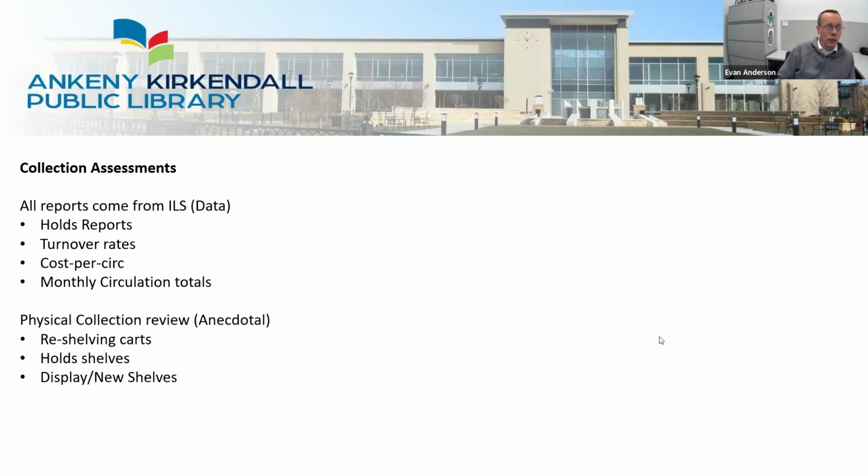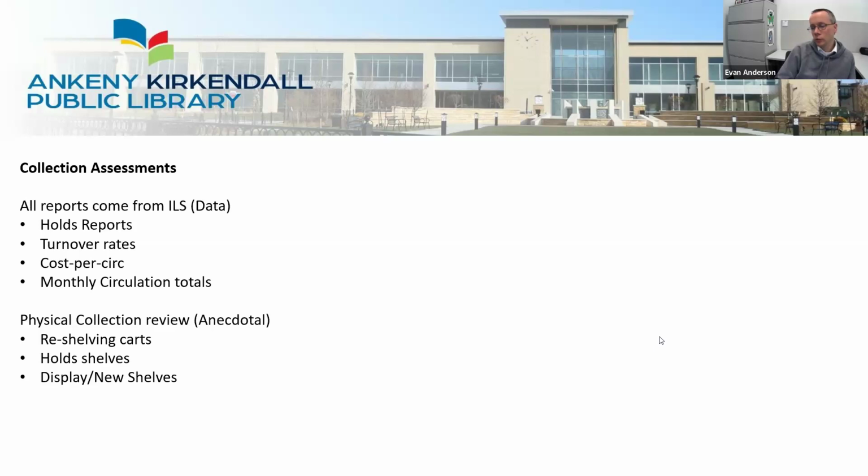So I also compare that to a cost per circ report that I do, and that's really just averaging out the cost of a typical item for a particular collection, and then the average number of circs for that collection. It gives you a metric that tells you how much bang for a buck you can expect from anything within that collection, and then you can compare it to how individual items are doing.